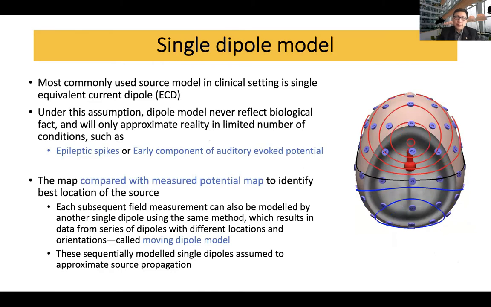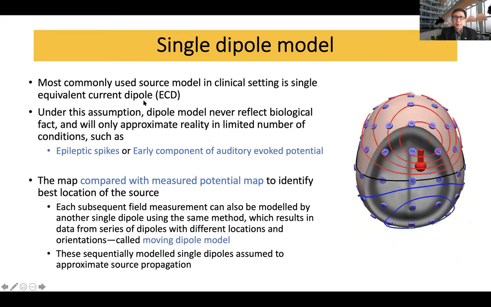The single dipole model, a single equivalent current dipole, is the most commonly used source model in the clinical setting. Under this assumption, the dipole model does not reflect the biological fact, but approximates reality in a limited number of conditions, such as the epileptic spike or the early component of the auditory evoked potential.